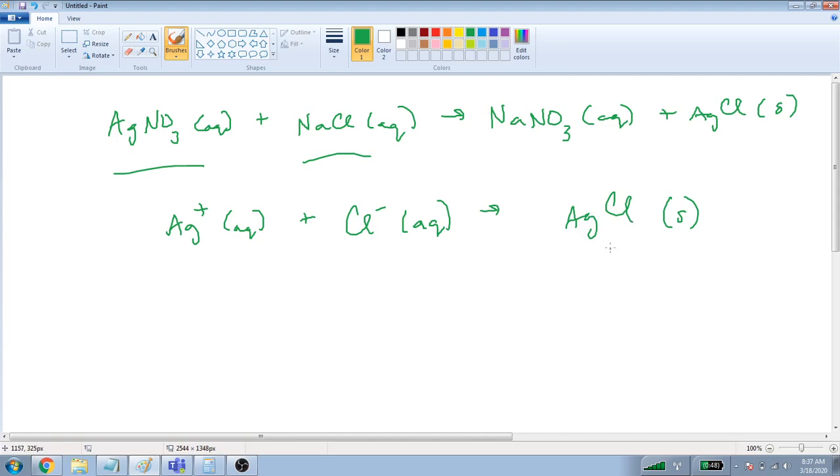I'm going to weigh this solid, and from this mass, I'm going to calculate how many moles of silver ions there are, and then the molarity of silver nitrate. So let's go.